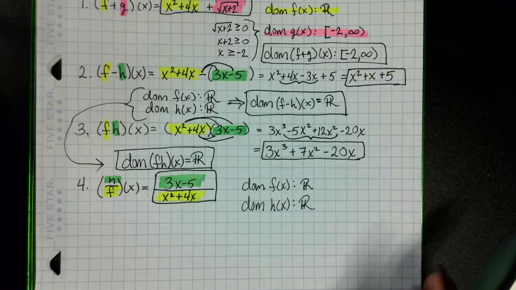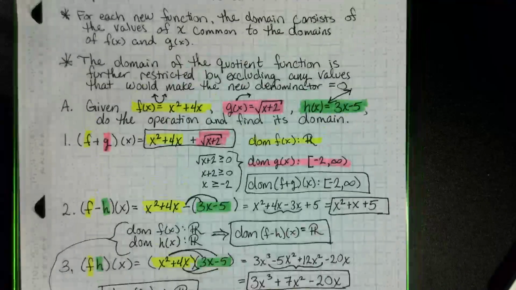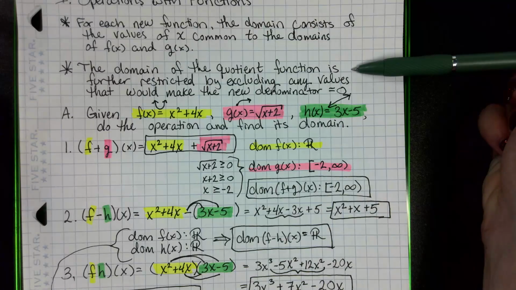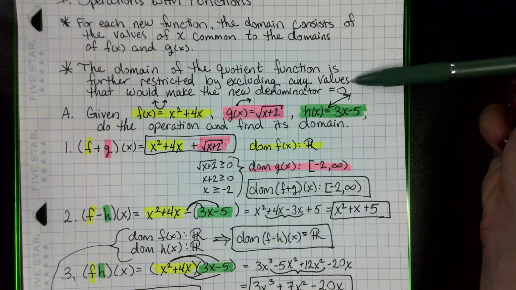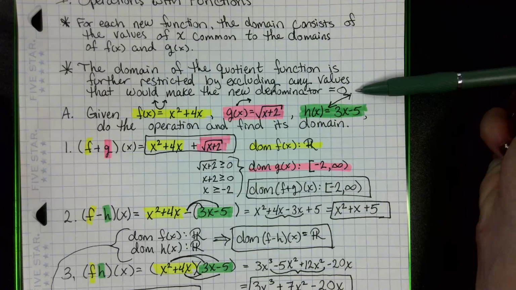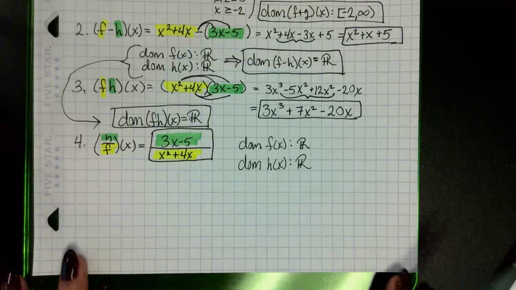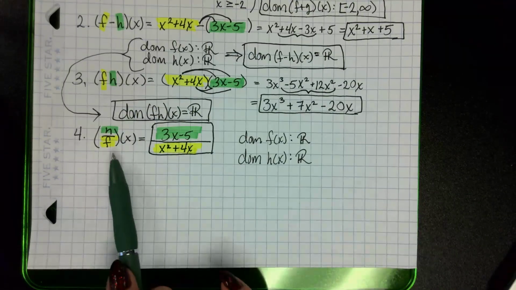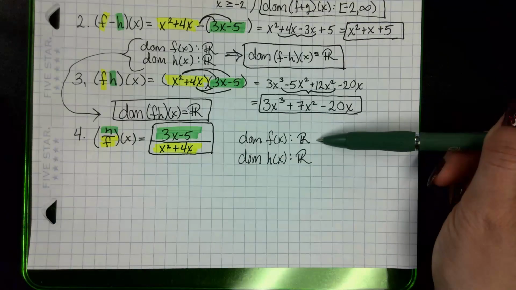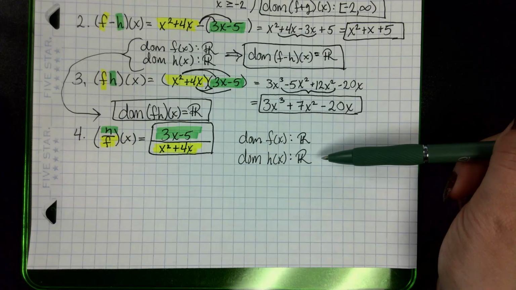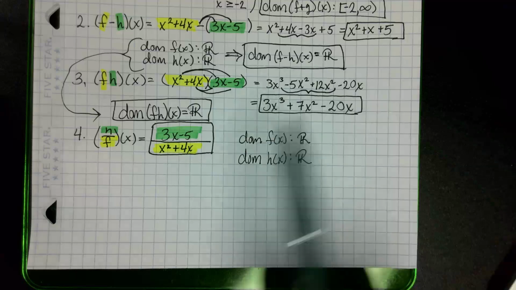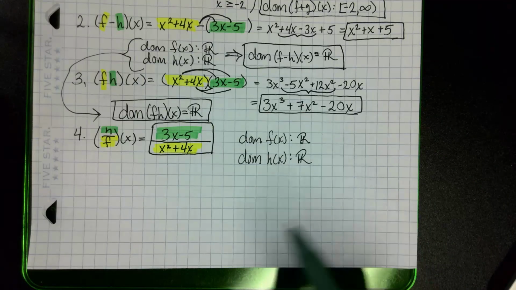But the second bullet point up at the top of the page says the domain of the quotient function is further restricted by excluding any values that would make the new denominator equal to 0. So when writing the domain for a quotient, you have to look at restrictions from the original two functions, plus you have to make sure your new denominator does not equal 0.